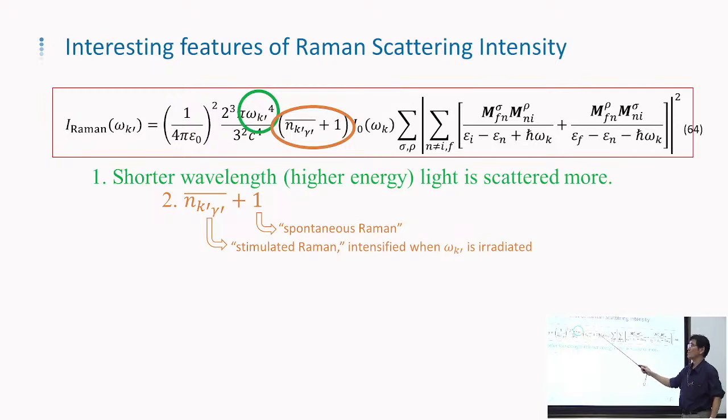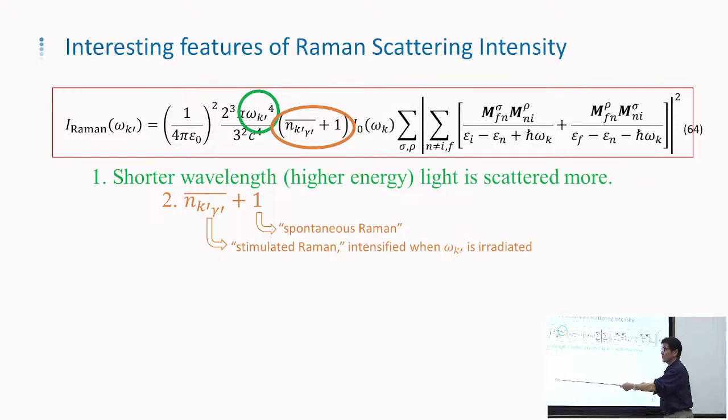Second point, Raman intensity is in proportion to n k prime gamma prime bar plus 1. What are they? Again, k prime gamma prime indicates the wave vector and polarization of the scattered light. And the Raman intensity depends on the number of photons of the scattered light. What does it mean?